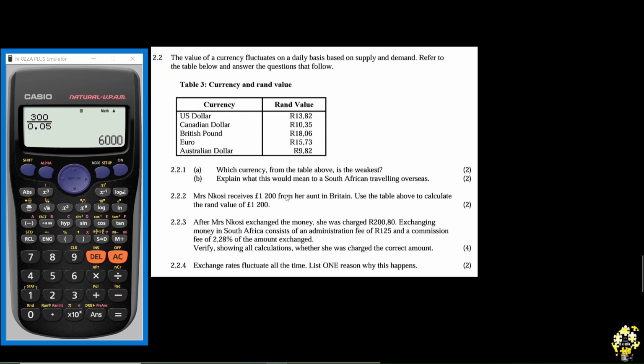Let's continue. 2.2. So here, the value of currency fluctuates on a daily basis based on supply and demand. You know, I am seeing this referred to the reason why the exchange rate fluctuates. There are a lot of reasons.